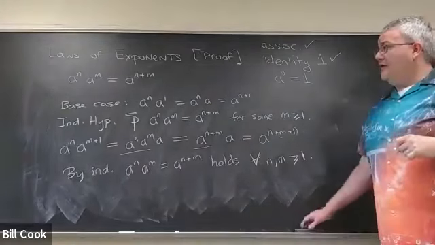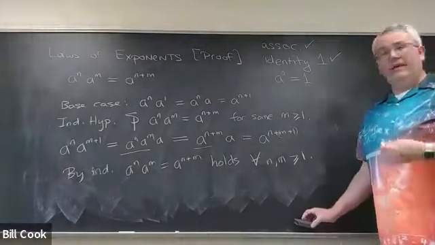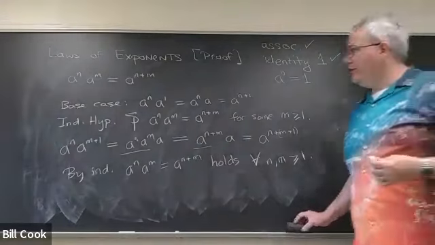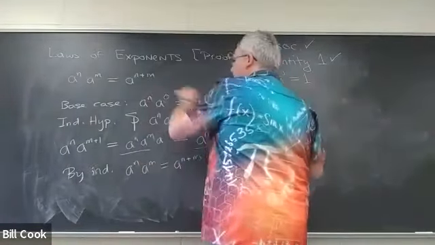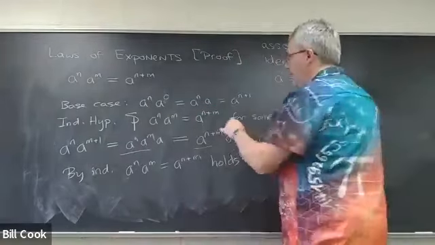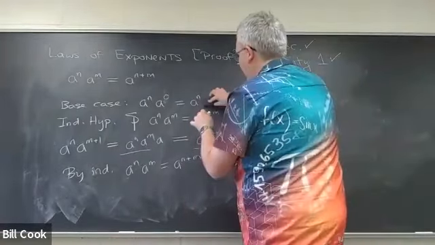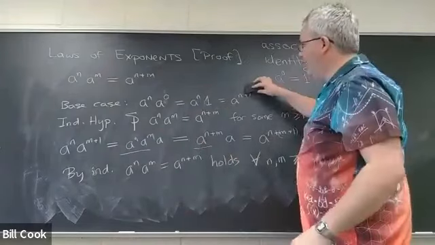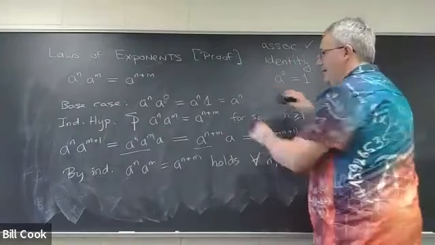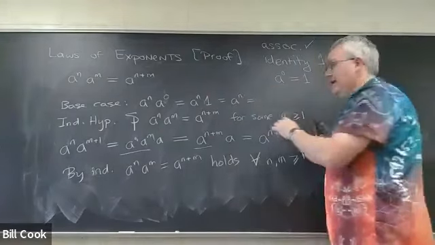And so what we can do now is adjust our proof. Here we go. Our base case now is 0. And that would be the identity. If you multiply by the identity, that doesn't do anything. That is the definition of being an identity.